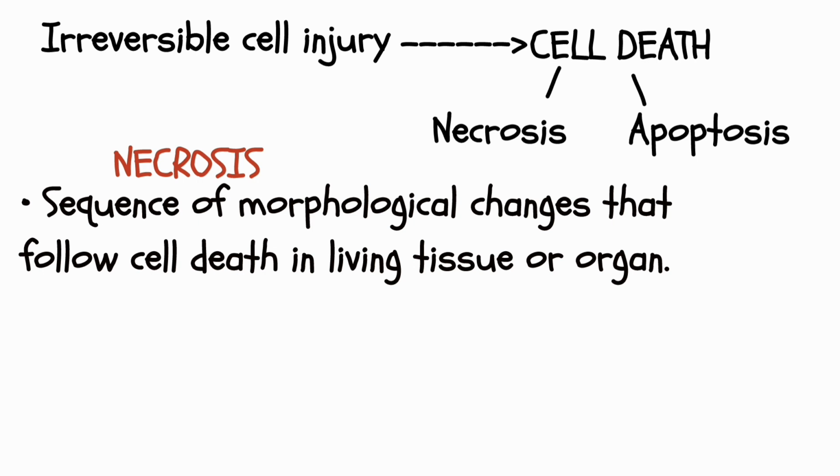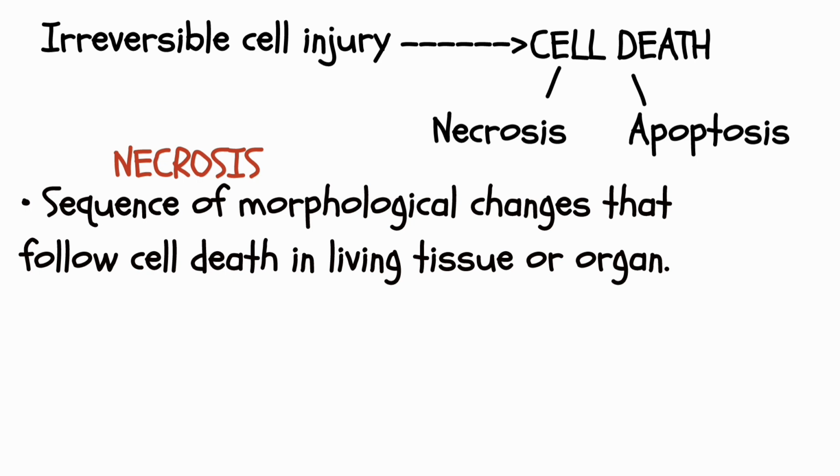So back to necrosis, I've already mentioned that necrosis refers to a sequence of morphological changes that follow cell death in living tissue or an organ. If you don't remember anything from today's video, just remember that necrosis is a sequence of morphological changes that follow cell death.